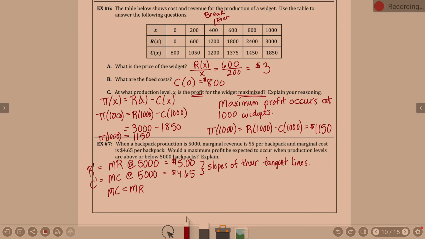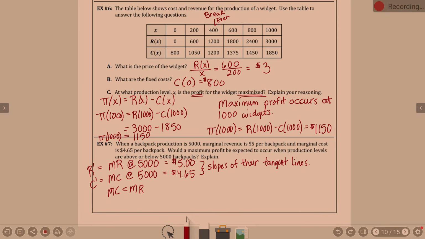So what's that going to tell us? That means the rate they're changing, yes? The rate the cost is changing is less than the rate the revenue is changing. So revenue is changing at a higher rate.